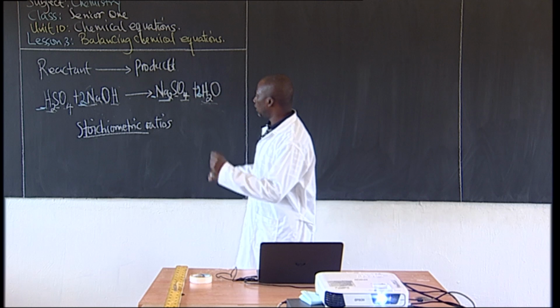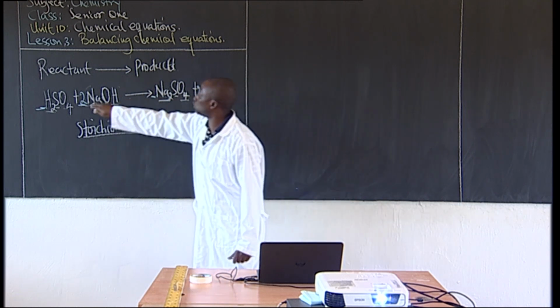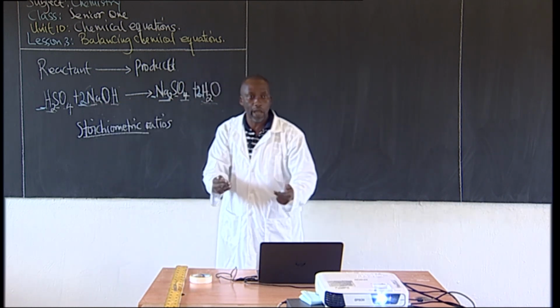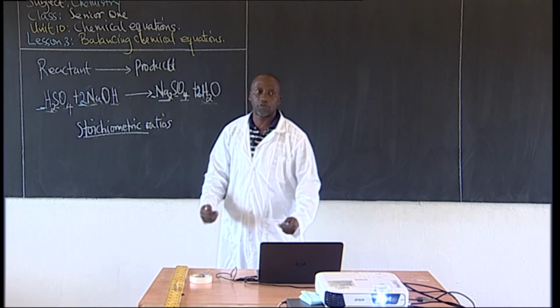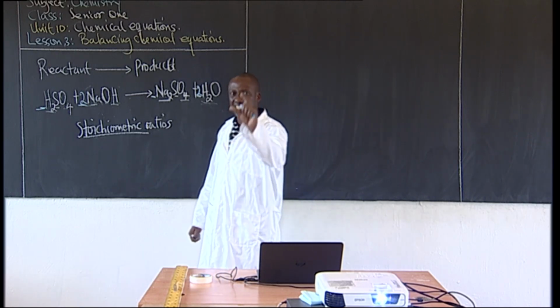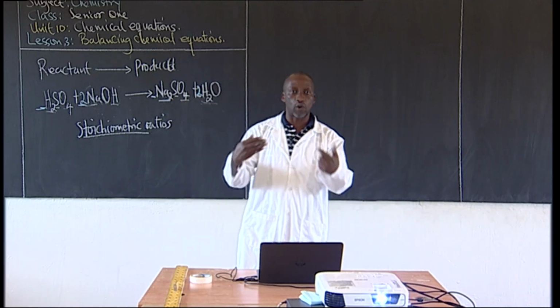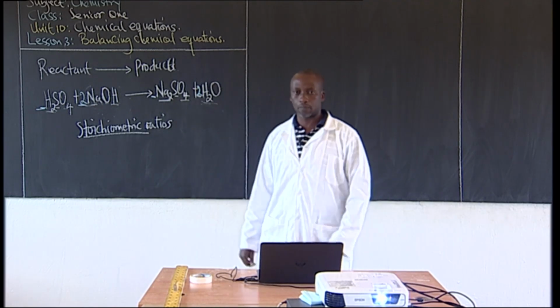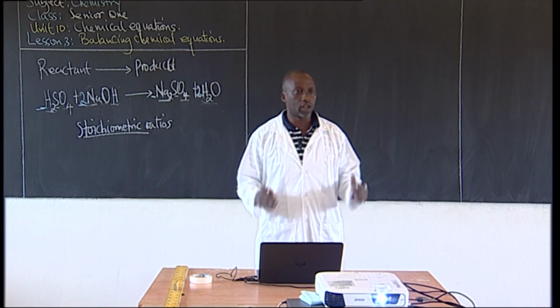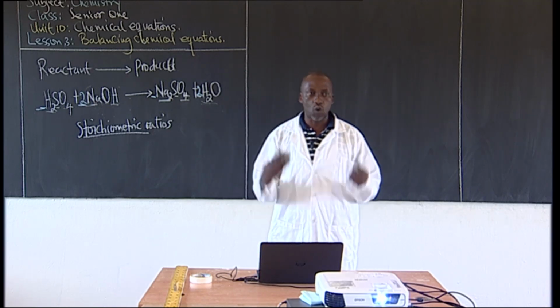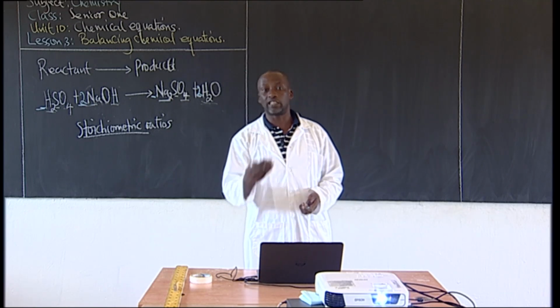So these are the values that we are supposed to write. They can be either whole numbers or they can be fractions. There are certain rules that we follow when we are doing this. For a chemical reaction, we'll first have to write a word equation to show the reactants and the products.